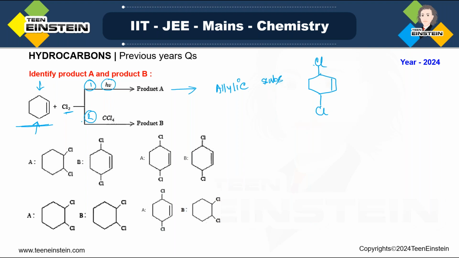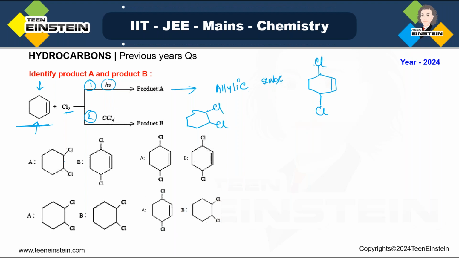And for the second case, when you are treating any double bond with chlorine in the presence of this type of nonpolar solvent, it is simply the addition of chlorine to the double bond. So the double bond will now be broken and 2 new C-Cl bonds will be produced. The double bond will not be intact. That means it should be a product like this.